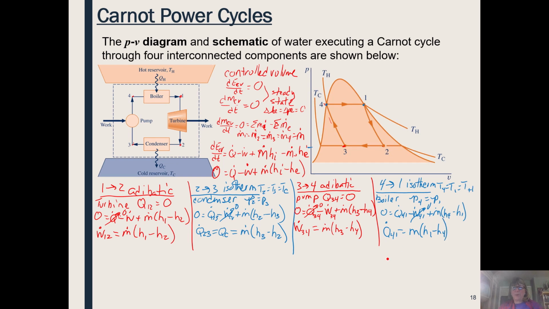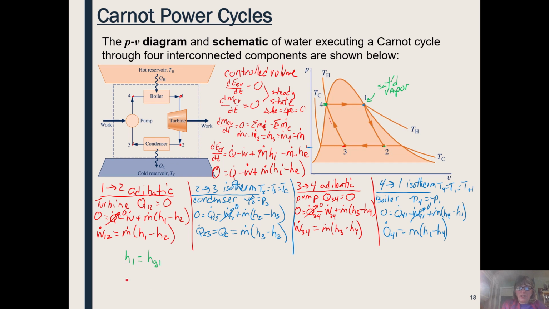Now, if we want to find terms here, if we're looking at h1, we can see here that h1 is a saturated vapor. So for a saturated vapor, this is h_g.